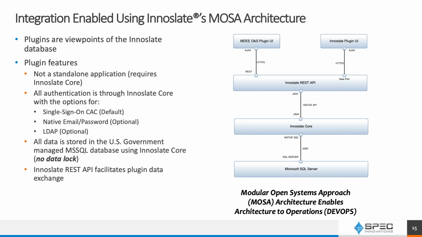And Innoslate REST APIs facilitate the plugin data exchange, so that allows the data to move back and forth between the SQL Server, the Innoslate core, and the REST APIs into the plugins to allow the integration of the MOSA architecture throughout. So we can basically plug and play as it comes to putting in new tools and new integrations and making sure that we can cover that digital thread environment.